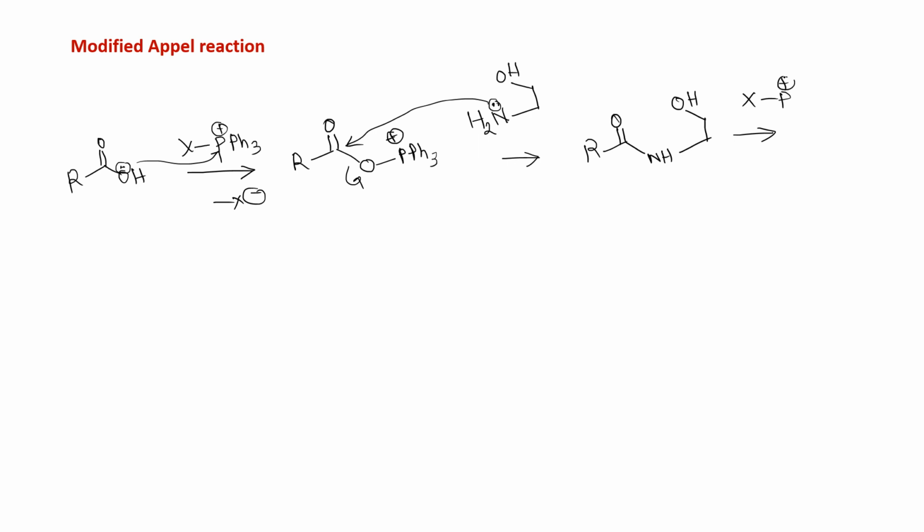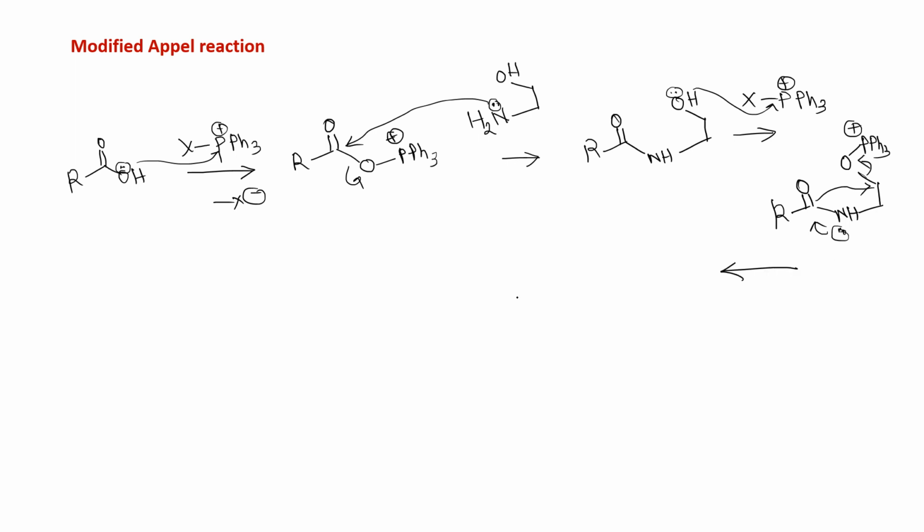Again, one more of this molecule, if we take, then this oxygen can react with this phosphorus, the same type of reaction. So this NH, oxygen, PPh3, positive charge. Now finally this attack will take place, it will attack here. So there will be oxygen carbon bond generation, and this part will be removed.